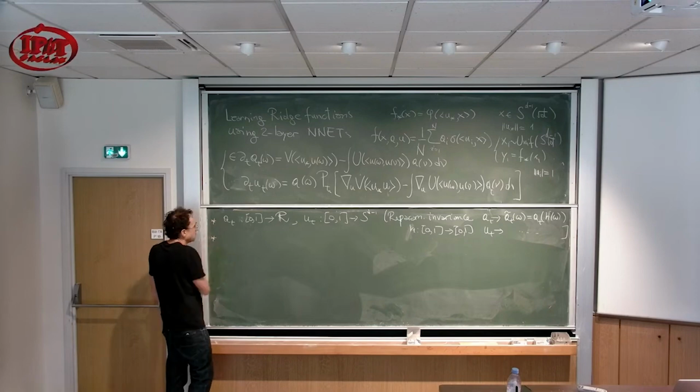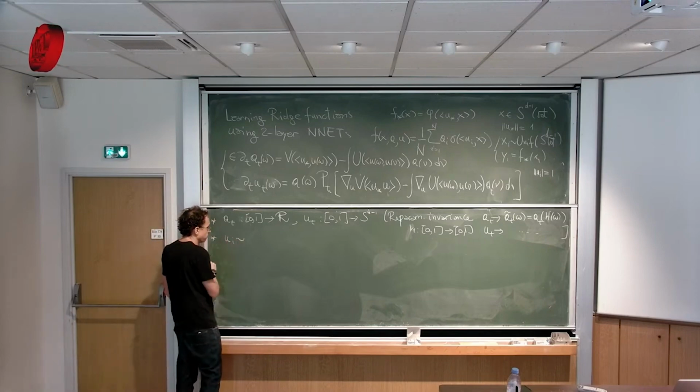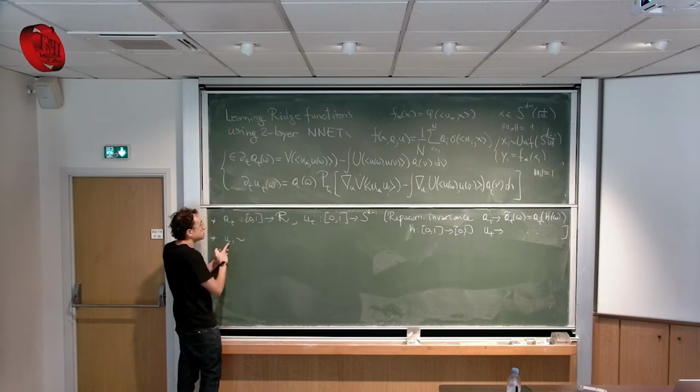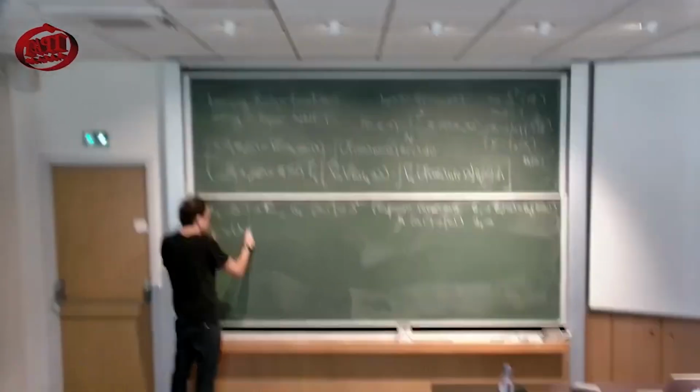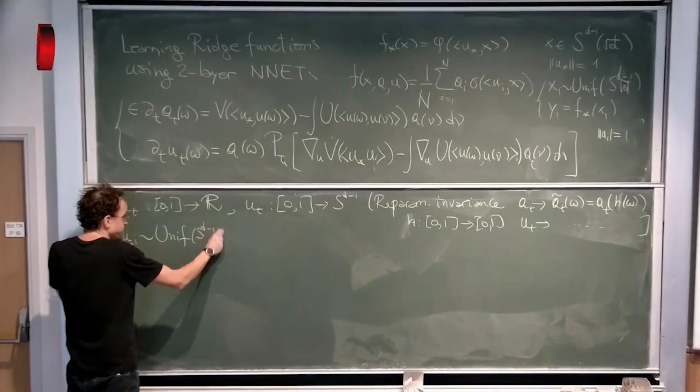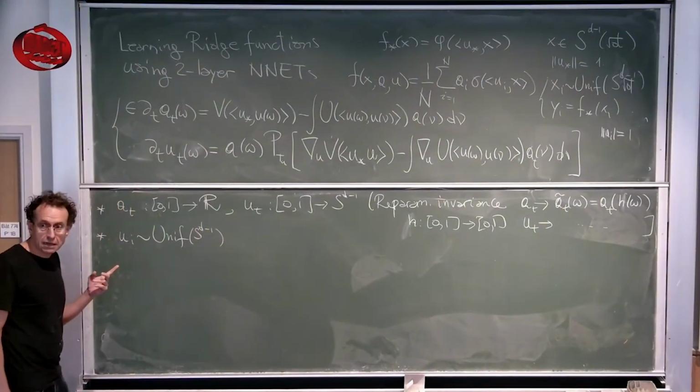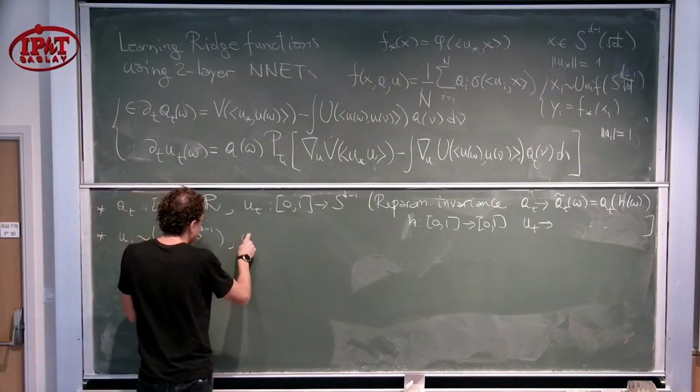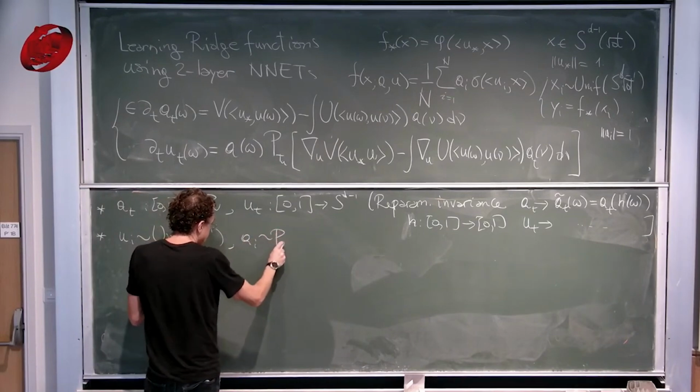In particular, here, we want to initialize the neural network where the u_i are uniform on the sphere, and the a_i are IID with some distribution.